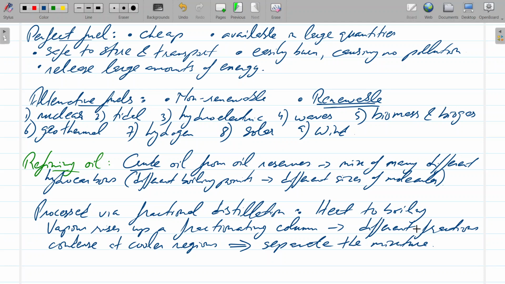So you heat it to the highest, right? Where almost all of the fractions will separate. And then when they start condensing, they condense at different temperatures. And so whichever fraction is at a certain temperature will separate, the rest will continue to rise, and then they'll keep condensing at lower and lower temperatures. Now keep in mind that the fractions are still mixtures.